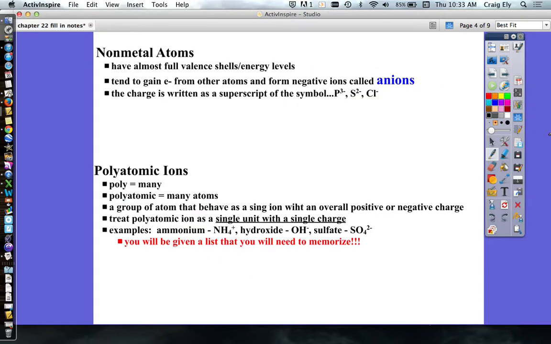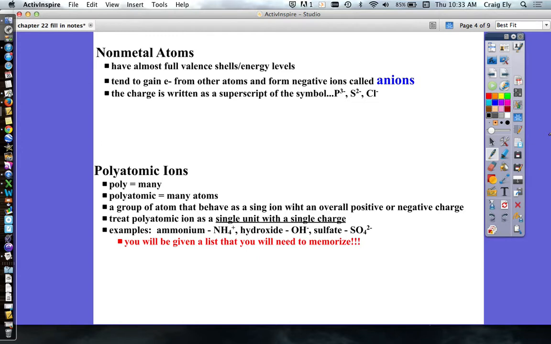Let's move on to the non-metal atoms. So non-metals, remember, they're just the opposite of metals. Their outer energy levels are closer to being full. They're going to gain electrons, so they're going to have a negative charge.